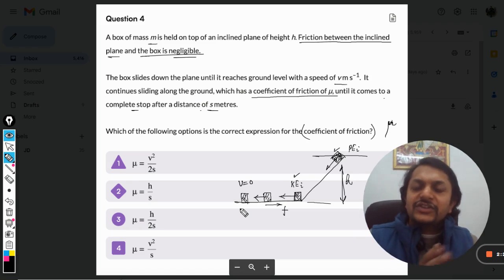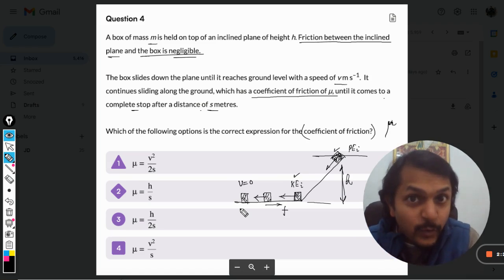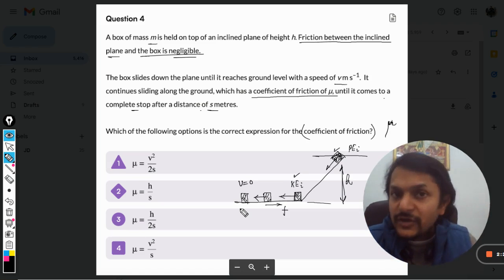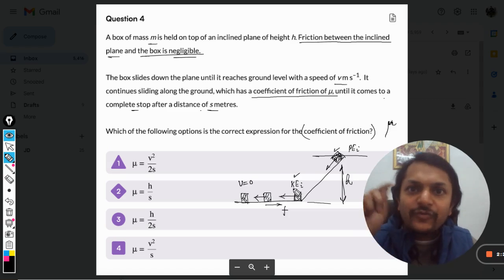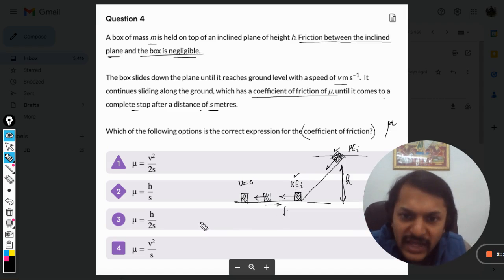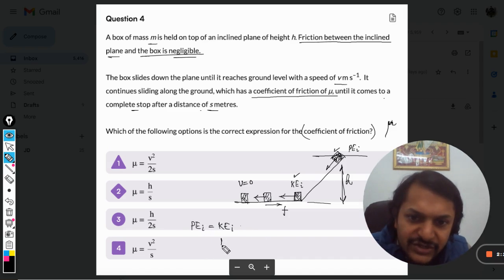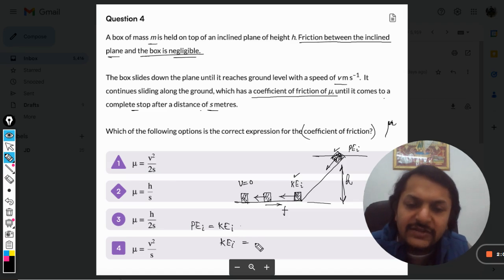So I can say that friction was backwards, but the displacement is forward. So it is a clear-cut case of negative work. So all of the kinetic energy is lost in that work. So I can say that the potential energy is equal to kinetic energy, and this kinetic energy is lost in the work, so I can say negative F into S.